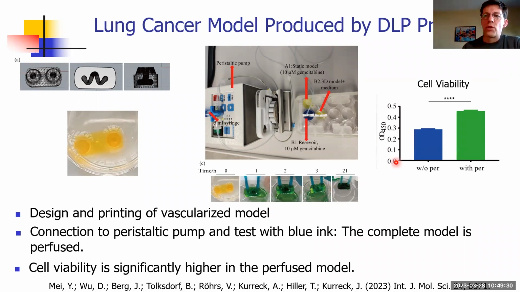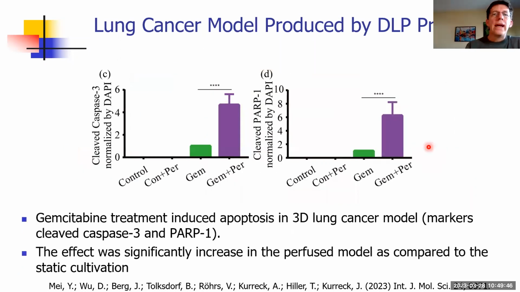When we then, of course, used common cell media, we found that the cell viability increases significantly in the perfused model as compared to the static cultivation of the same model. And then we added, again, a cancer drug, gemcitabine.